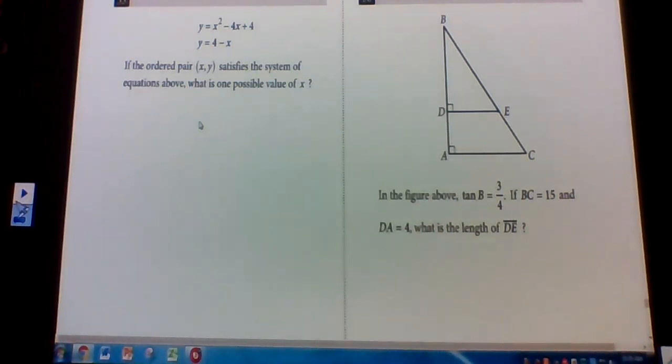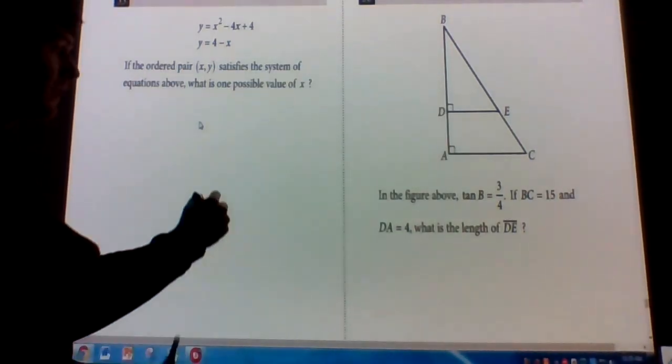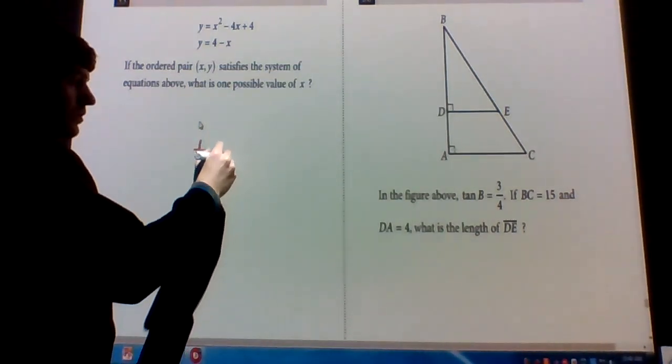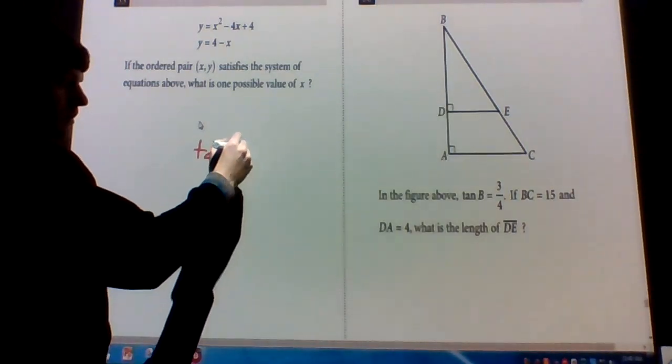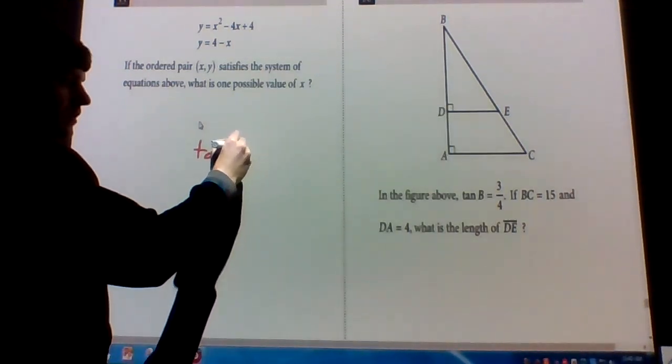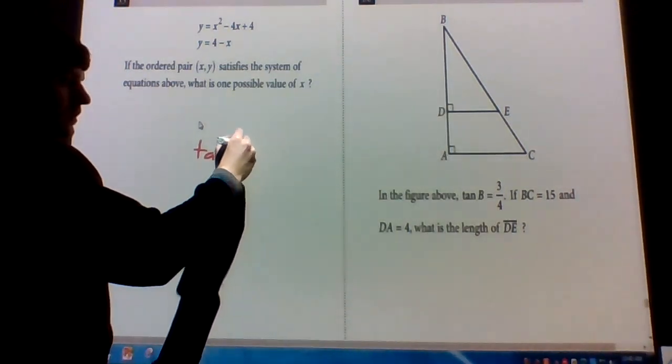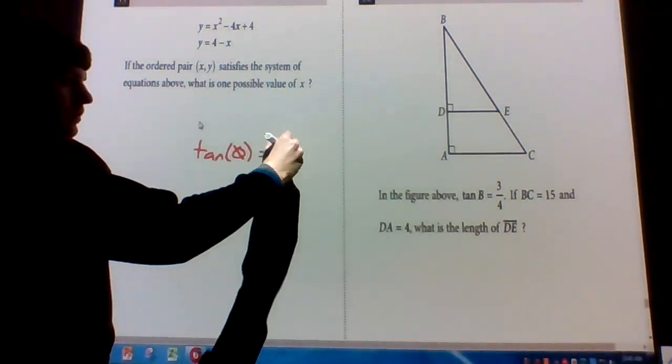36, we have a geometry problem. In the figure above, the tangent of B. So tangent is, we haven't gotten to this, that's what our next unit was, although you should have been exposed to this in algebra 2. Tangent of whatever is opposite over adjacent.